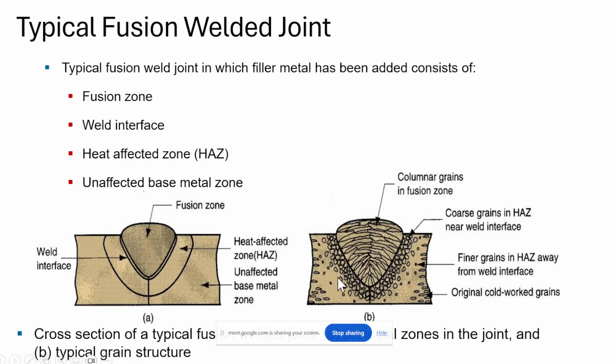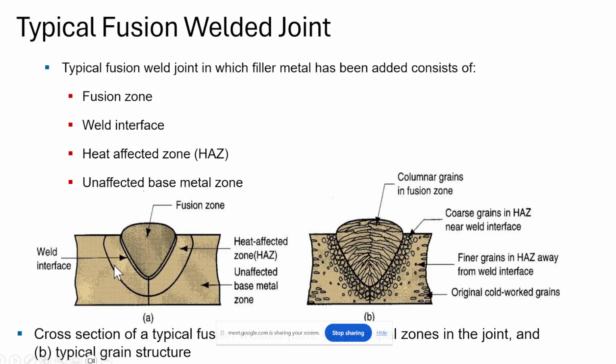The heat affected zone is the region where the material is not melted, but reaches a temperature above the recrystallization temperature. Suppose it is iron and I do the welding; the recrystallization temperature for iron is generally around 750 or so.